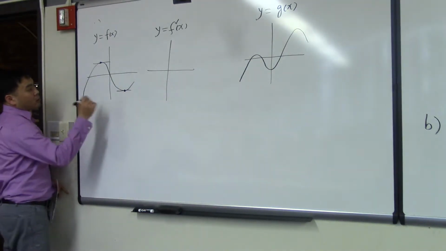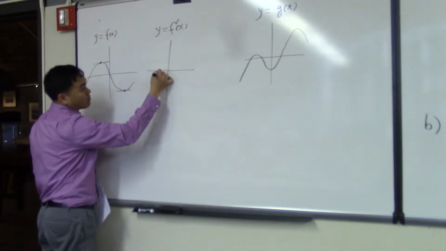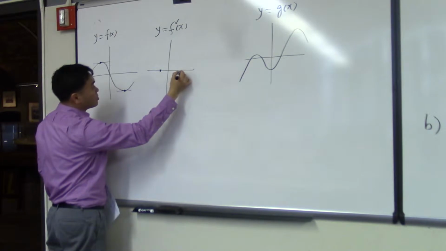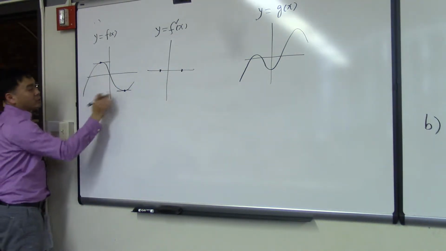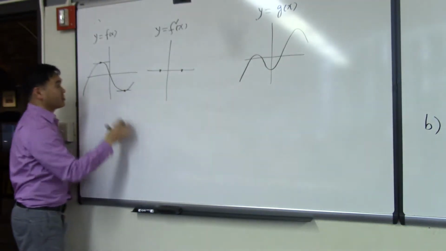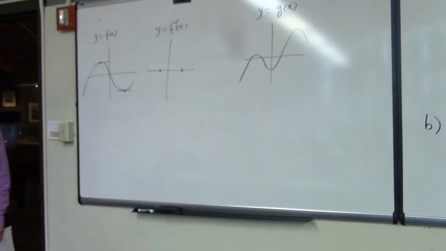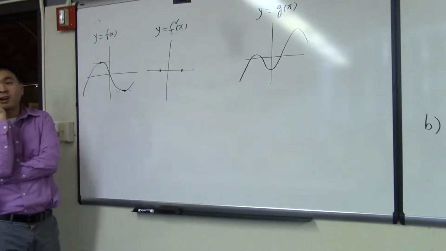Okay, now we know that when you draw the graph of the derivative, it should have zeros at these 2 points that I marked here. Now, in between, should the graph be below the axis or above the axis? What's the argument?